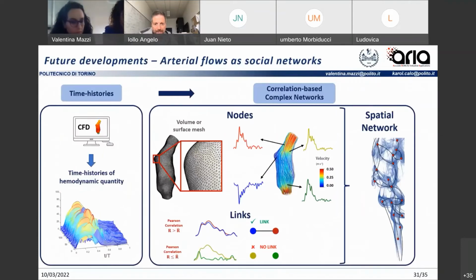The question is the following. Here you check the space correlation and see if two signals are correlated, then you create a link, and if not, there's no link. Very often in fluid mechanics, people look at time-shifted correlations. Is this anything that can be interesting for you?